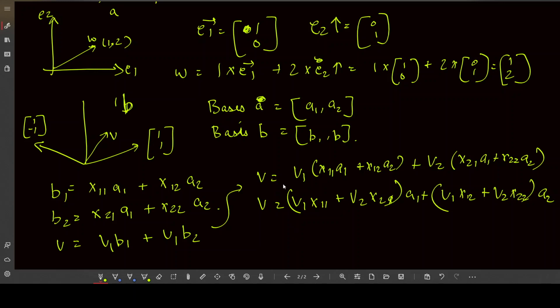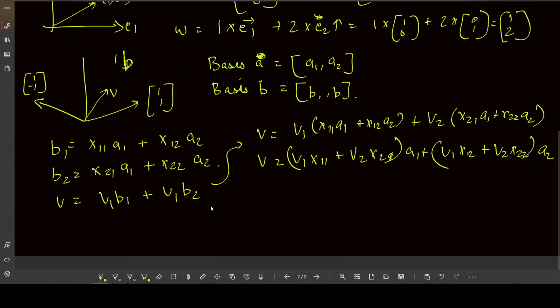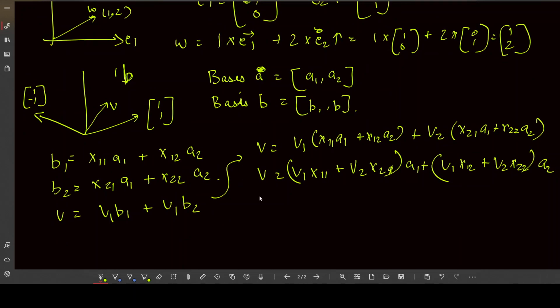Now I can write this in a matrix form, right? I have a little more space. So in matrix form, I can write this as V1 x11 plus V2 x21, V1 x12 plus V2 x22.